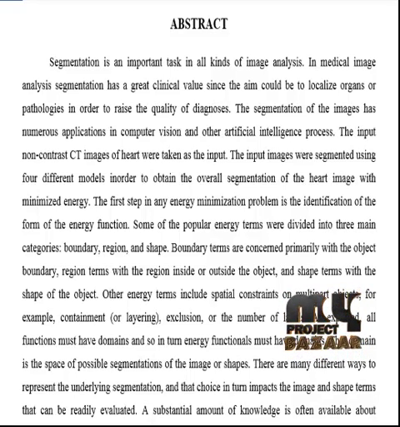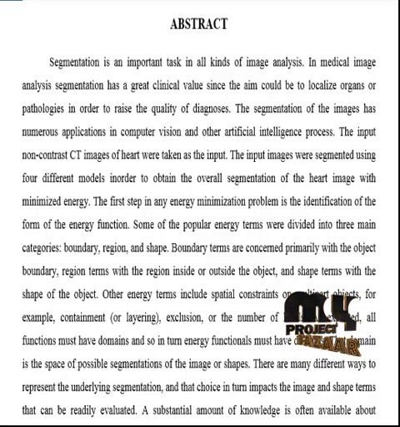Boundary terms are concerned with the object boundary regions, the region outside or inside the object. The shape term relates to the shape of the object, and the other energy terms include spatial constraints on multiple objects, for example, layers, exclusions, or labels.